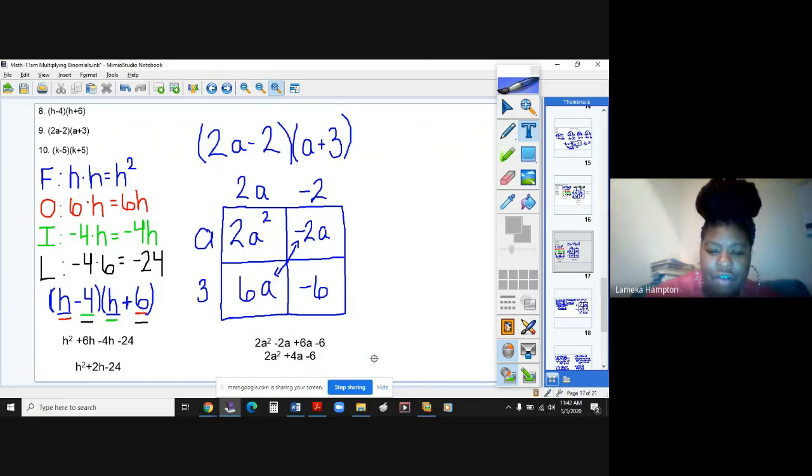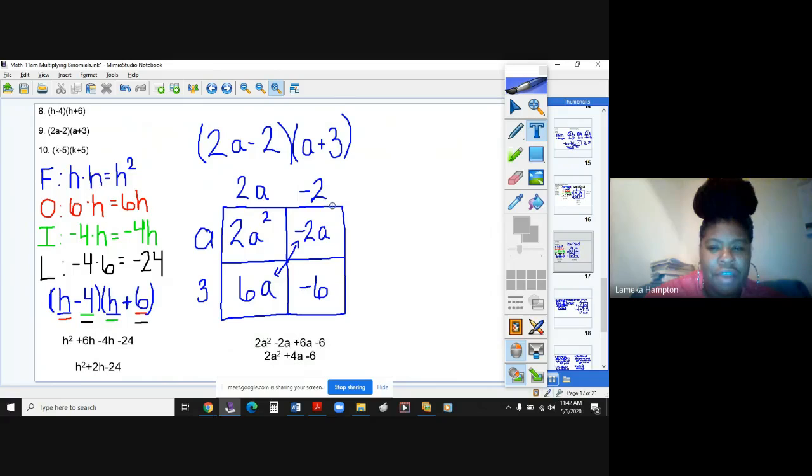And my final number, which is number 10, and this is my personal favorite, I'll be using the double distributive property method. So I have k minus 5 times k plus 5.